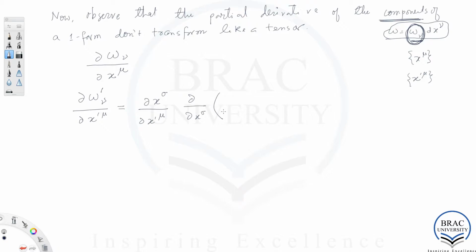We can do it. And we know how the components of this one form transform under change of coordinates. We have seen it earlier, and using that knowledge, we write omega prime mu as del x rho by del x prime mu omega rho.